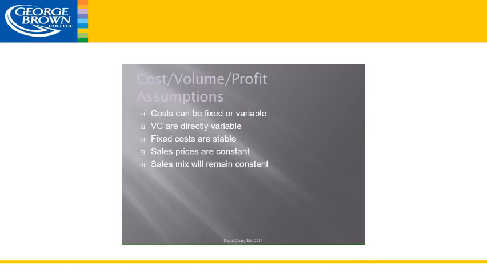We also assume that sales prices are constant and the sales mix will not change for the purpose of our analysis. So for every analysis that we do in CVP, it represents a fixed scenario. So our cost per unit will not change, although they will go up and down with sales volume. Our fixed costs will not change whatsoever, and neither will our prices or our sales mix.